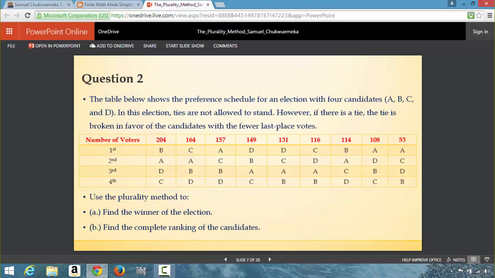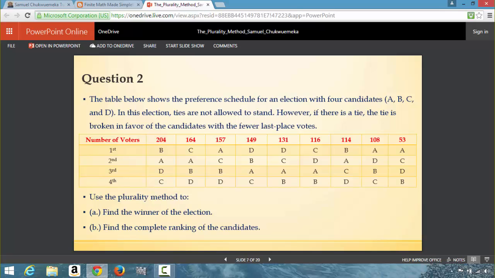Okay, let's go to question 2. The table below shows the preference schedule for an election with 4 candidates, A, B, C, and D. In this election, ties are not allowed to stand.